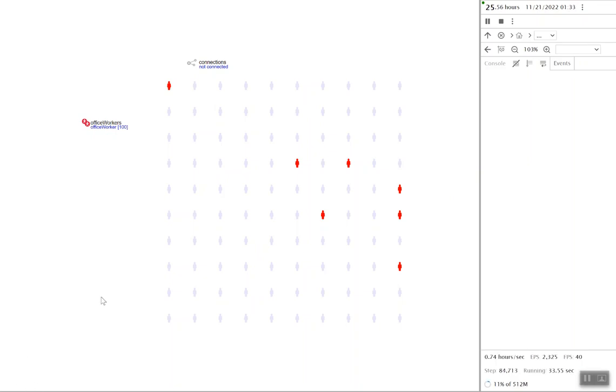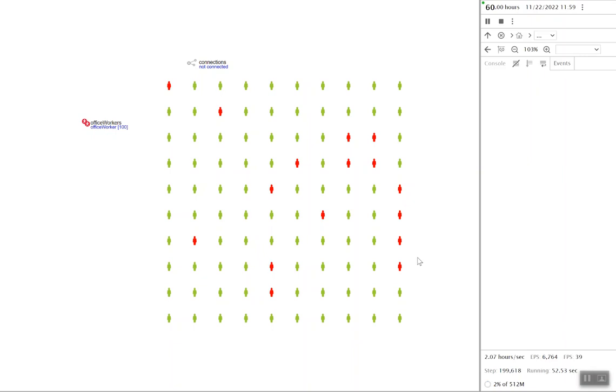So the same cycle will be repeated until we see that the sick people will be increasing day after day, because what we are actually having is some sick agents taking a quarantine and new sick people are appearing. And this will be the case until we reach the quarantine period, which is 120 hours.